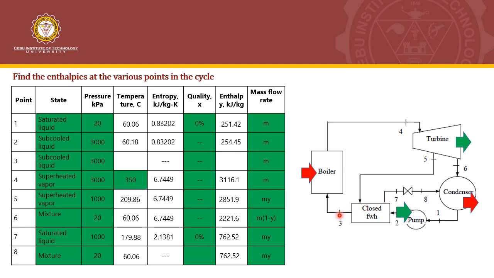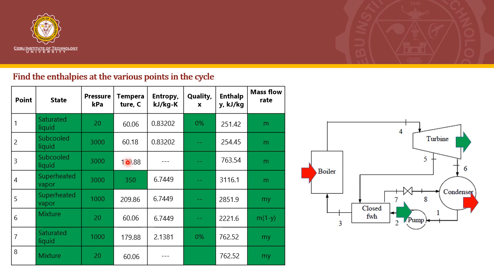So that's why the temperature at point 3 is the same as the temperature of point 7. If you can also examine, they are both outlet or exit points of the closed feed water heater. So we know that the temperature of point 7 is 179.88. So we just copy that value here at point 3.